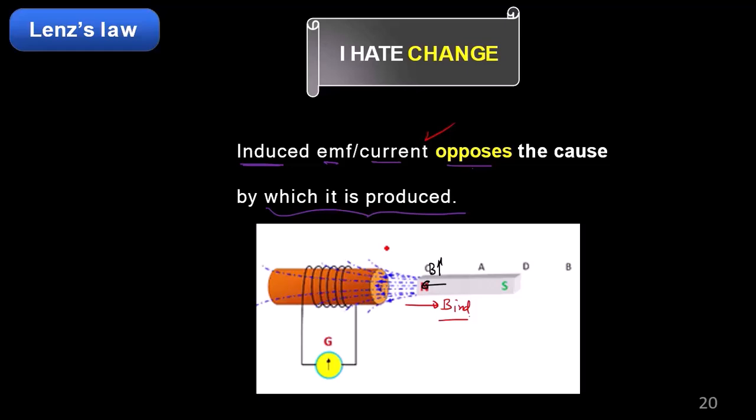Okay. So once I curl my finger along the direction, keeping the thumb toward the right, that means from the left hand side, what you observe is that the current is flowing in the clockwise direction. Once I fold my finger in a clockwise direction, the thumb will point towards the right. That means now on the galvanometer, as I move the magnet towards the coil, you can observe that the galvanometer deflection is towards the right.